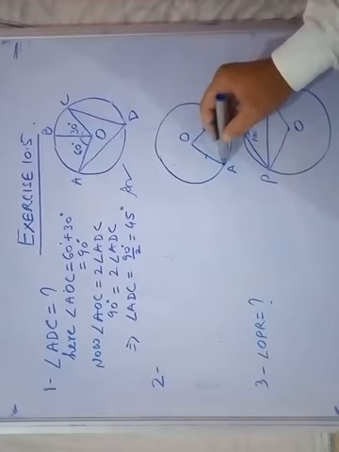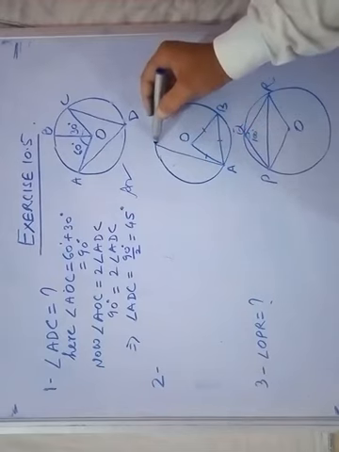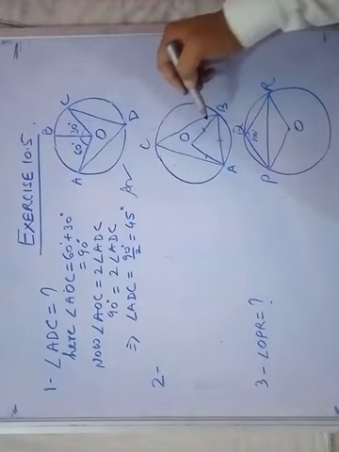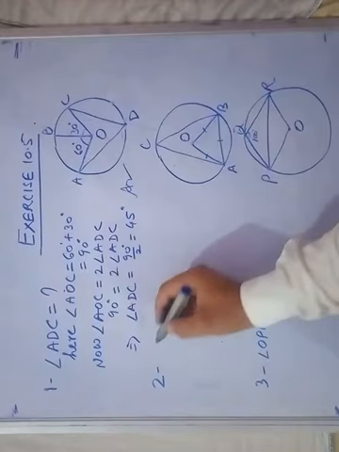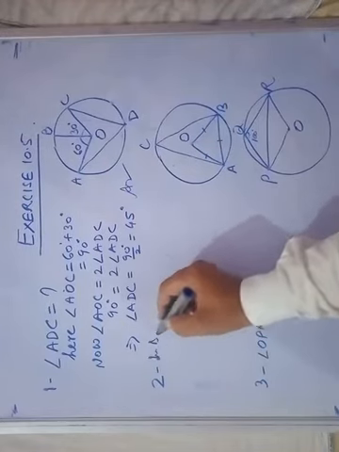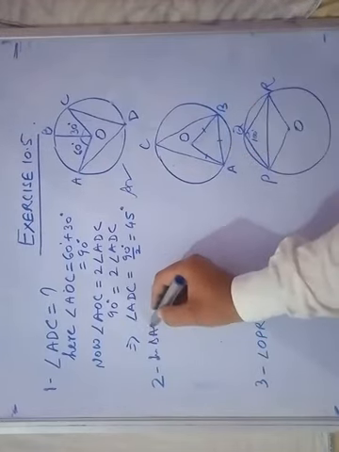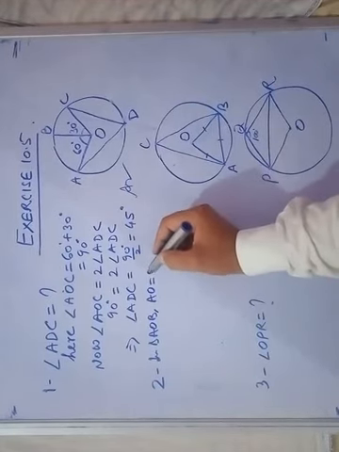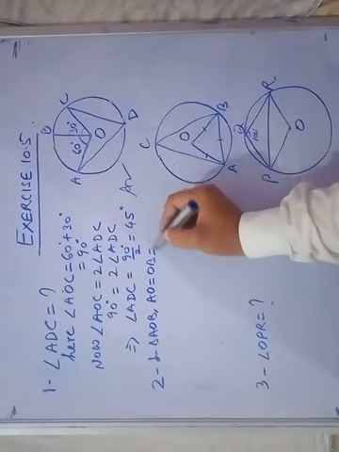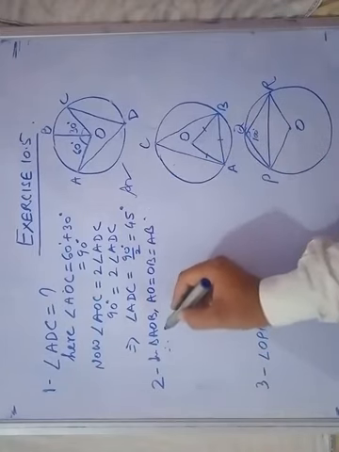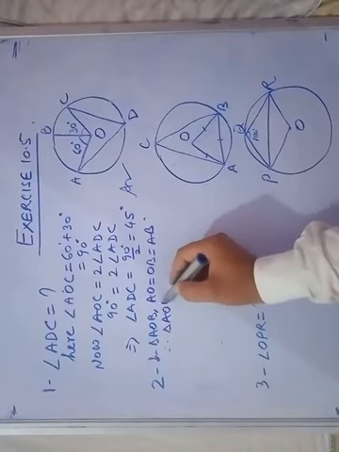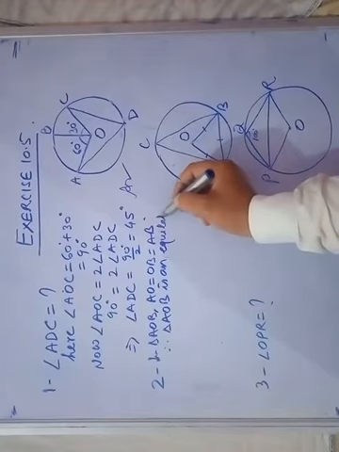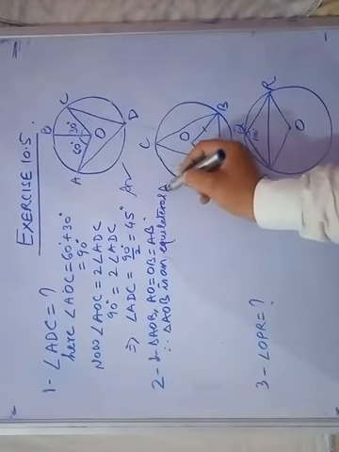So first, in the major arc, let this point be C. In triangle AOB, AO equals OB equals AB, therefore triangle AOB is an equilateral triangle.